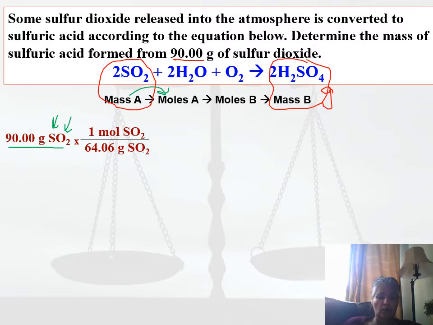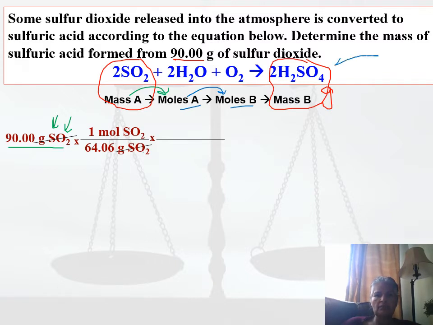Hopefully you got that right. If you got the number wrong, pause the video, go check your periodic table and figure out what you're doing wrong that's not getting you the right answer. If you're good to go and your work checks, those should cancel out, and we go on to our next conversion factor. Now in our next conversion factor, we are going from moles of A to moles of B. And the only way to make a mole to mole conversion is to go back to the balanced equation.